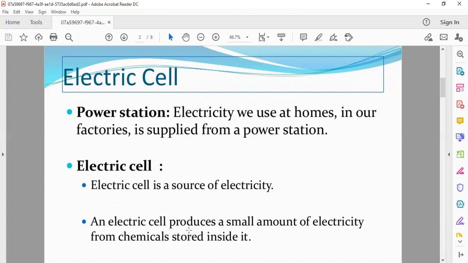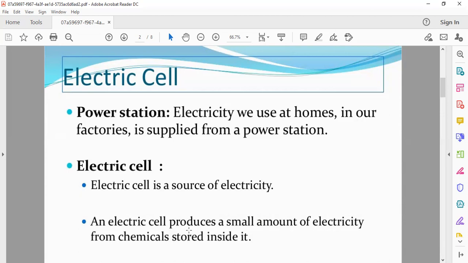Children, everybody has seen the electric cell. Different types of cells are there, pencil cells, button cells. So what is present inside the cell, due to which it conducts electricity or works? It means some chemicals are present inside the cell which work for some time, then they get exhausted.